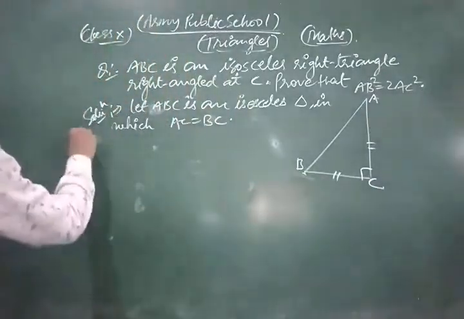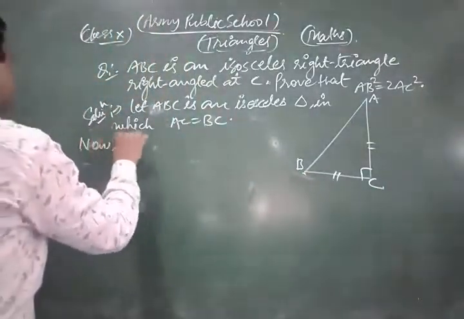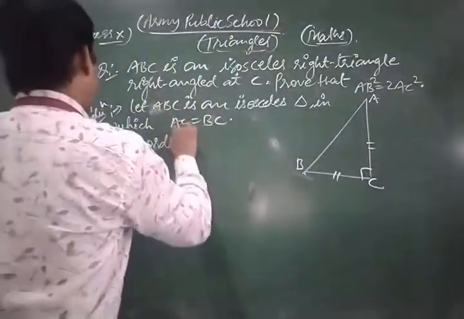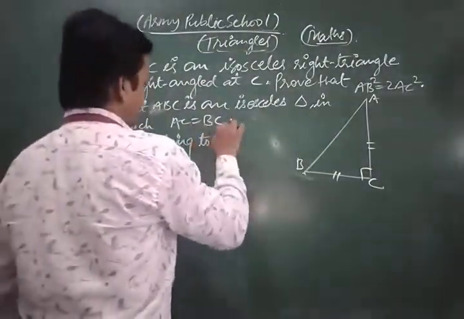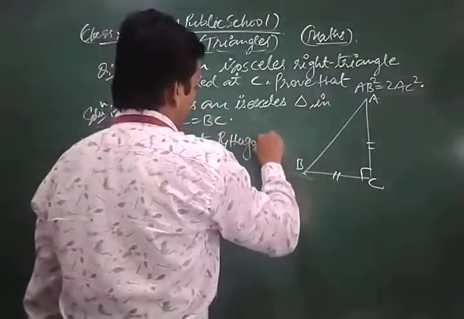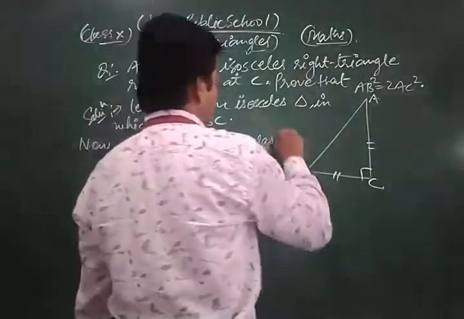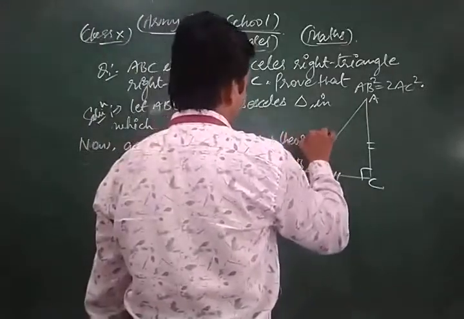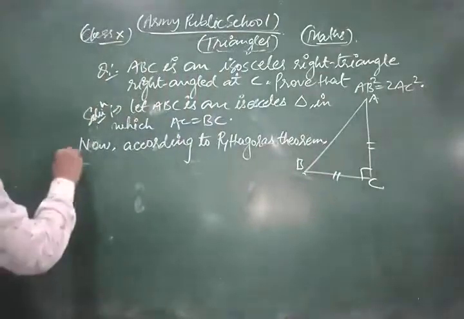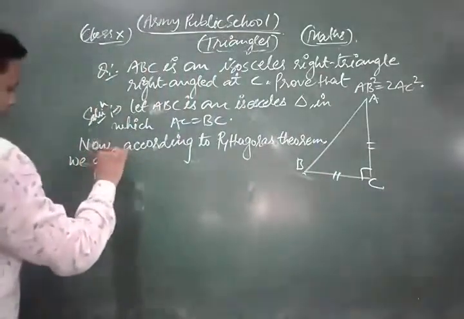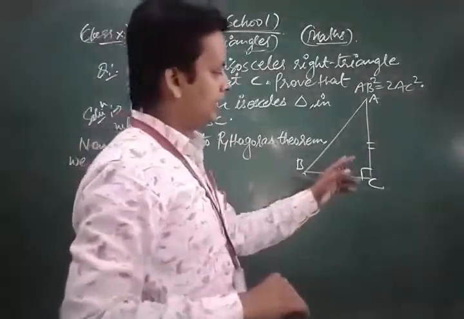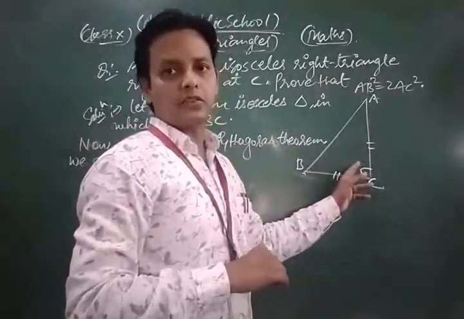Now, according to the Pythagoras theorem, we get, the side opposite to the right angle is always the hypotenuse.